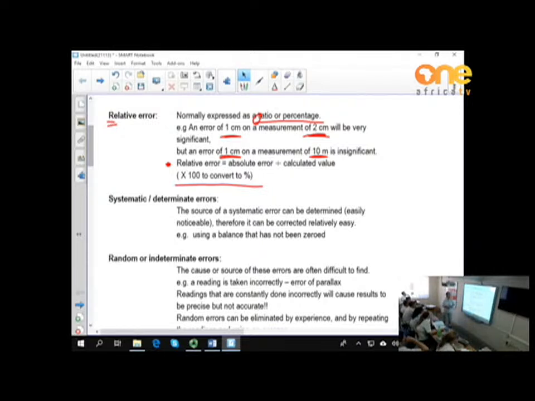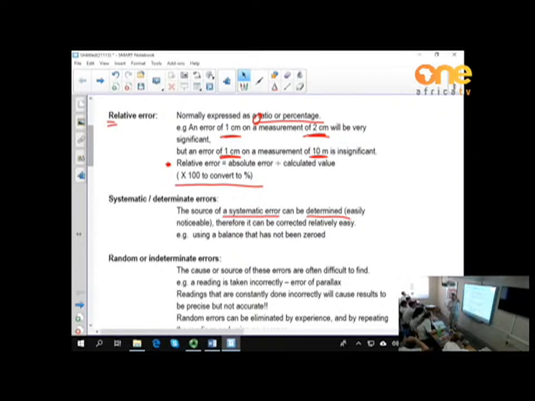Systematic or determinate errors: a source of systematic errors can be determined easily. You can find the source of the error, because it's easily noticeable, so it can easily be corrected. For example, if I have a spring balance, and I did not zero the scale on my spring balance, and I added a 10 Newton weight to it, my reading is 10.2 Newton.